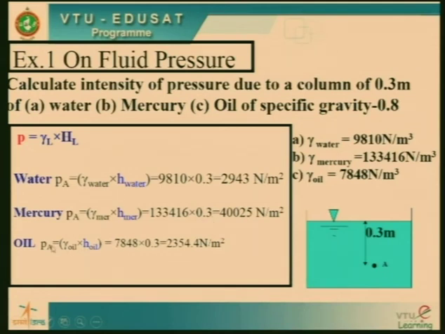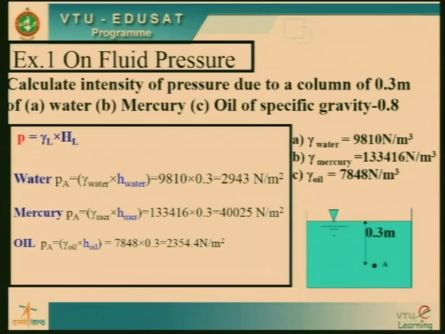Similarly, when we go for oil, I take the specific weight of oil, which is 7848, into 0.3. Oil is lighter than water, so definitely the pressure will be less: 2354.4.